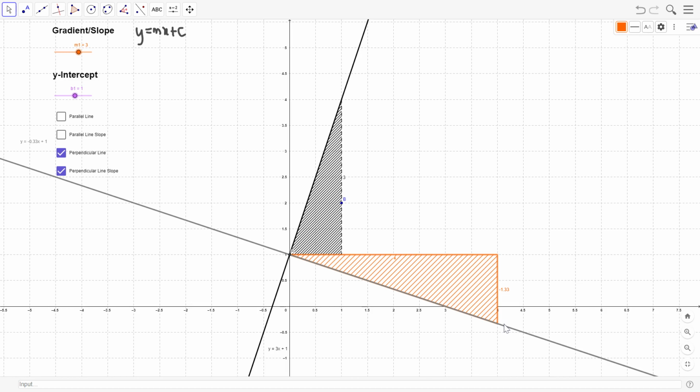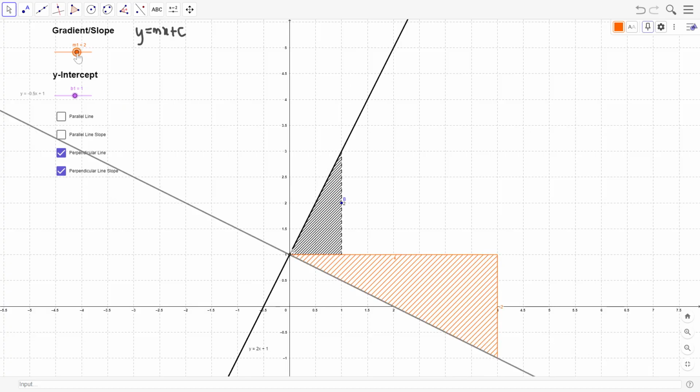If I count my blocks, in this case, I won't be able to count my blocks that easily. I'm going to change this one a little bit, just so that we can count the blocks for now. So if this line has a gradient of 2, we can count the blocks. But let's see what the gradient is of the line that is perpendicular to that line.